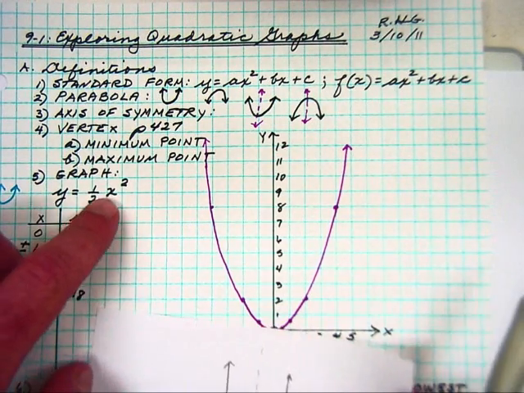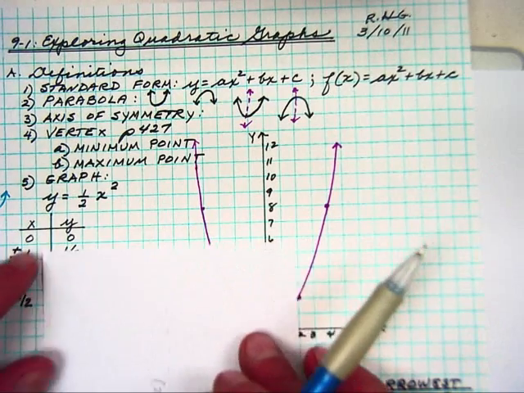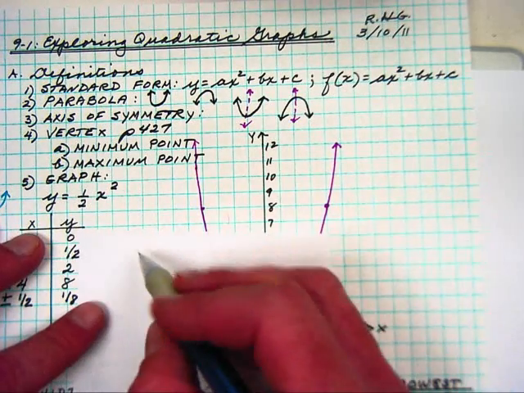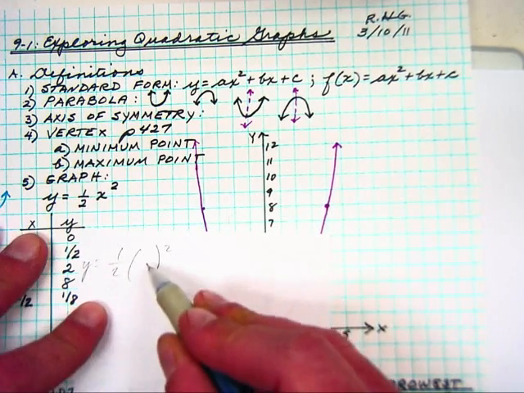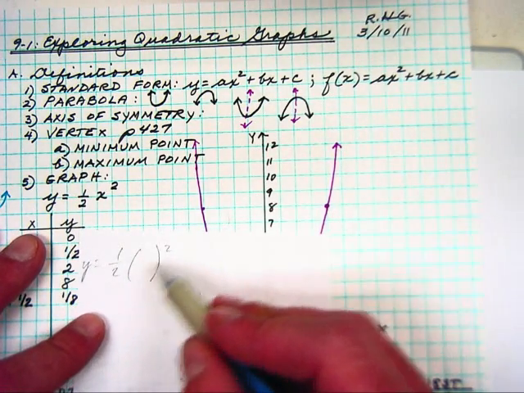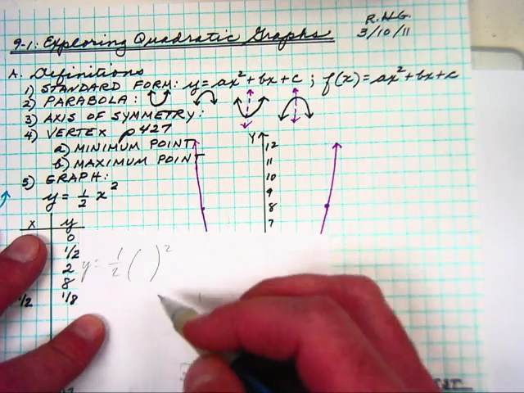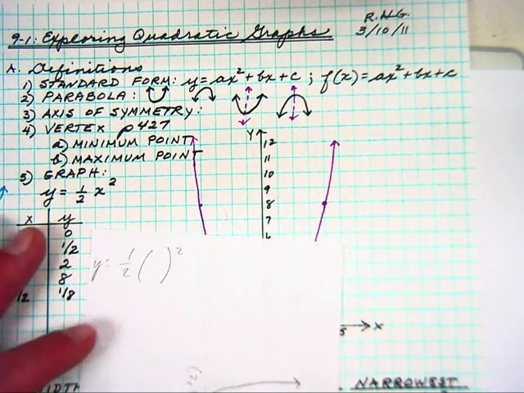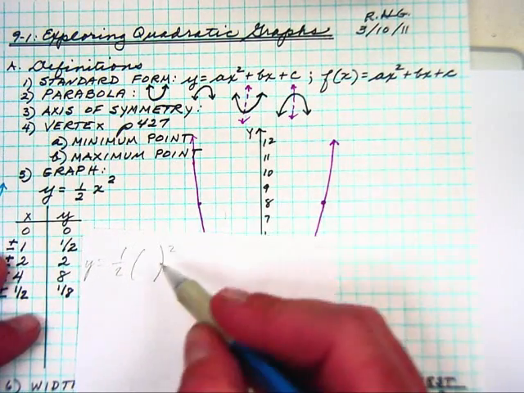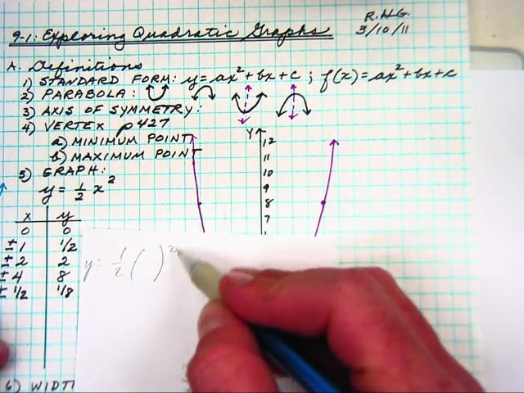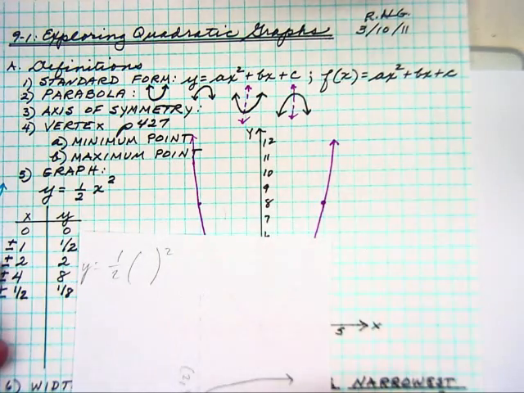So if you were asked to graph this, you would just plug in all these different things for x. And remember, whatever you plug in for x goes in those parentheses and gets squared before you multiply it by 1/2, because of the order of operations, PEMDAS or GEMS or whatever. You're doing exponents before you're doing multiplication. So whatever this x is, you put that in there and square it, then you multiply it by 1/2.